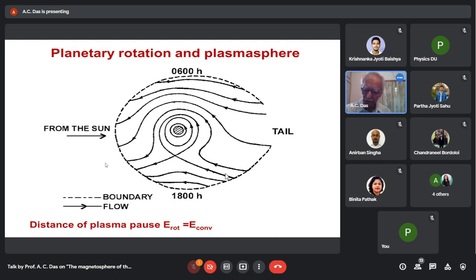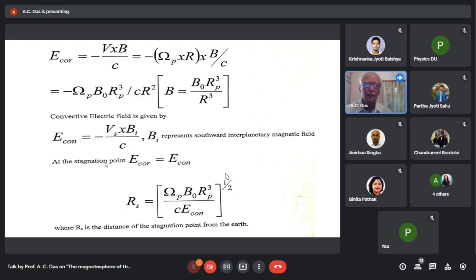Now, if one gets a little bit into the mathematics, the rotational electric field is given by the rotational velocity cross magnetic field. As usual, E is equal to minus V cross B by c. So in this case, the velocity associated with the plasma rotation and the magnetic field crossing each other will give rise to a particular value.